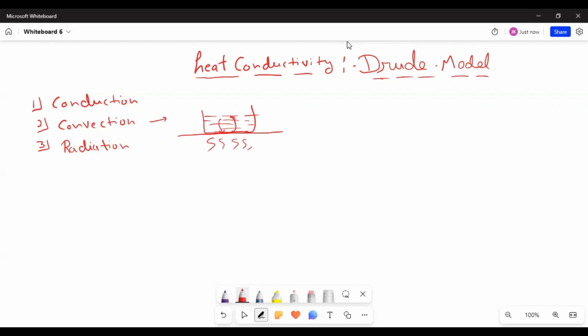So we have electronic conductivity, and we also have thermal conductivity.